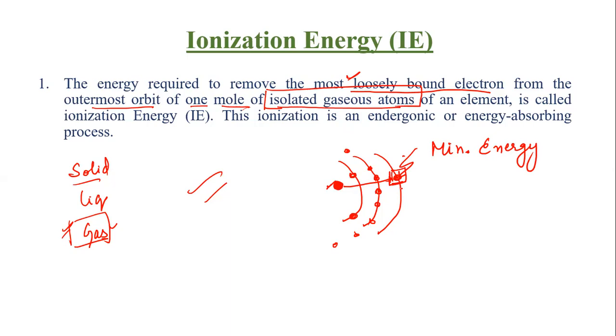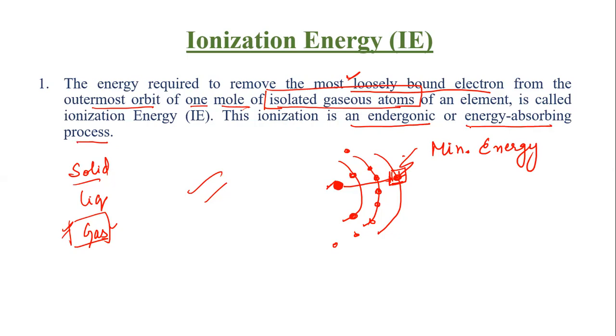Got it? So in the definition, what we have to write is: the minimum amount of energy that is required to remove the most loosely bound electron from the outermost orbit of an isolated gaseous atom is known as ionization energy, and this ionization energy is an endergonic, or energy absorbing, process.